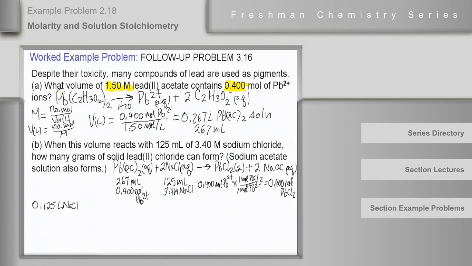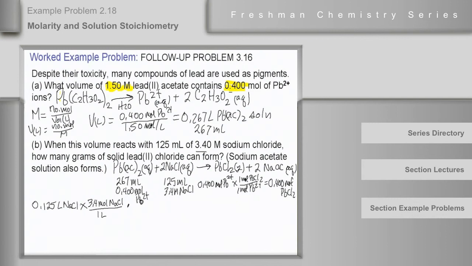And now we're going to do a volume to mole conversion. This is the volume, so we will use the molar concentration, which is 3.4 molar. So this is 3.4 moles of sodium chloride in 1 liter.